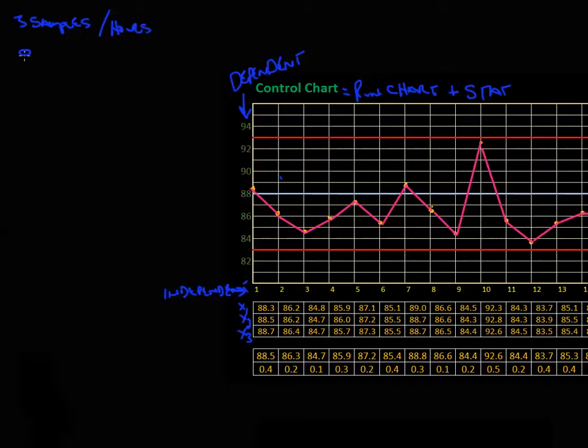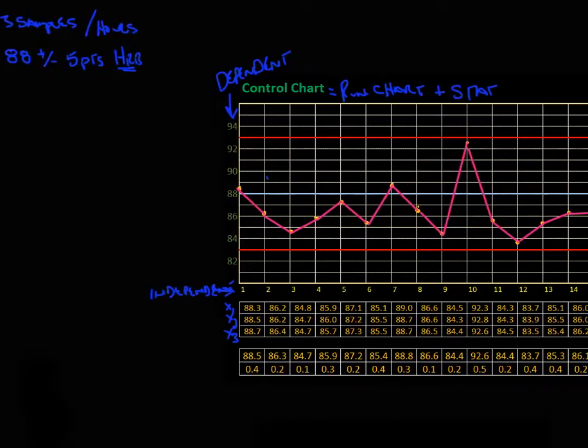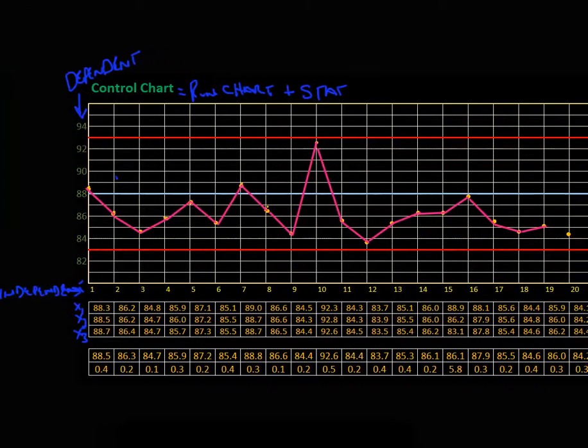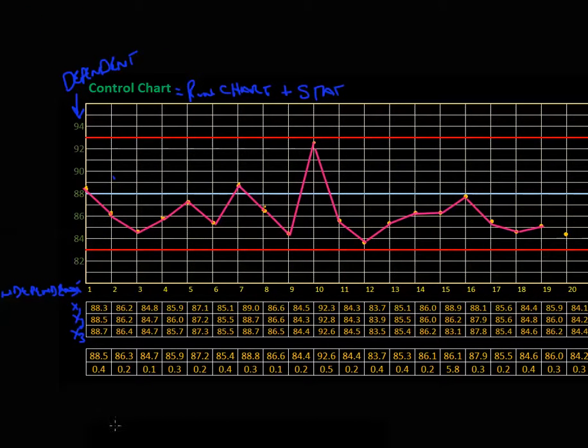And there's a specification that we're comparing our process against. So maybe our customer has a print specification, and in our example, we said it was 88 plus or minus 5 points. And we were using the scale HRB, Rockwell Hardness B. This is just a common measurement scale for the hardness of moderately hard steels. So we're looking at our run chart, and we constructed this run chart.